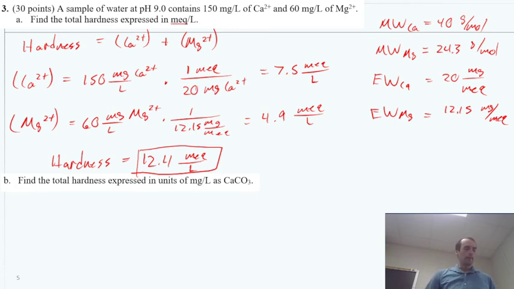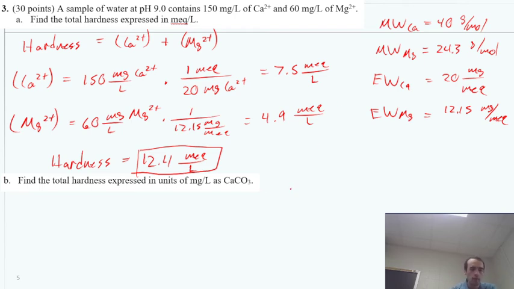Okay, then part B says, okay, how about expressed as milligrams per liter of as CaCO3? So instead of milligrams of Ca, we're going to normalize both hardness values as CaCO3.